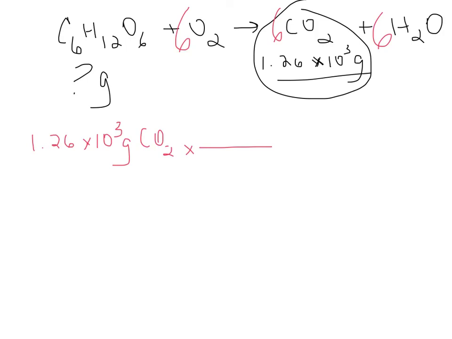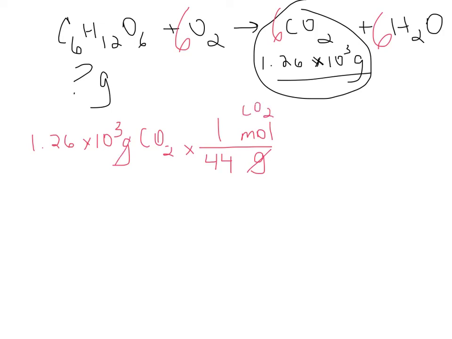Now, I want to get from CO2 to C6H12O6. The only way to get from one thing to the next is using moles. So I've got to get from grams to moles. Hopefully you got that the molar mass of CO2 is 44. It's 44.01, but I'm just going to write 44. Grams cancel out. Now, again, I'm going to keep labeling.